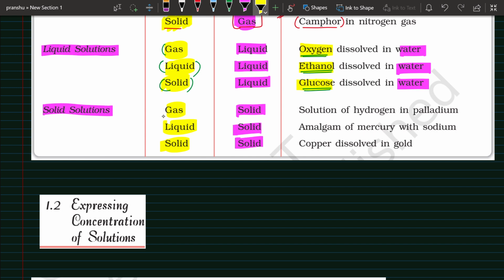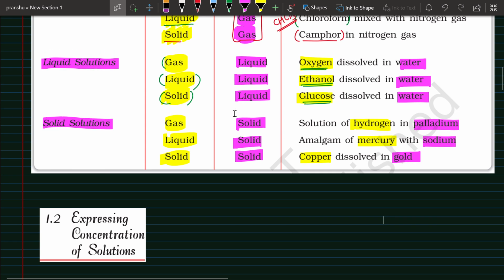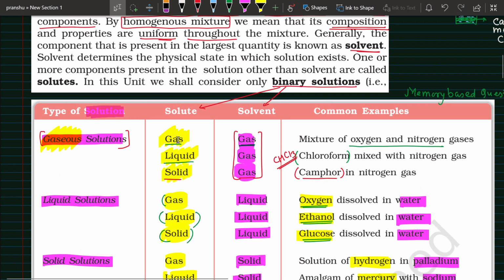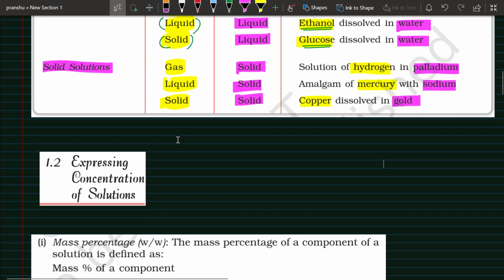For example, the solute is hydrogen gas, mercury, or copper, dissolved in solvents palladium, sodium and gold. So these are the example based questions to understand the total 9 different kinds of solution.